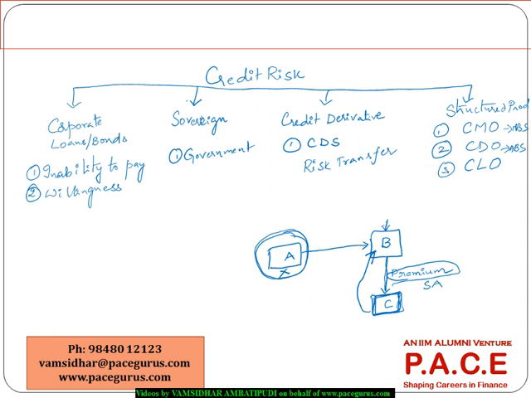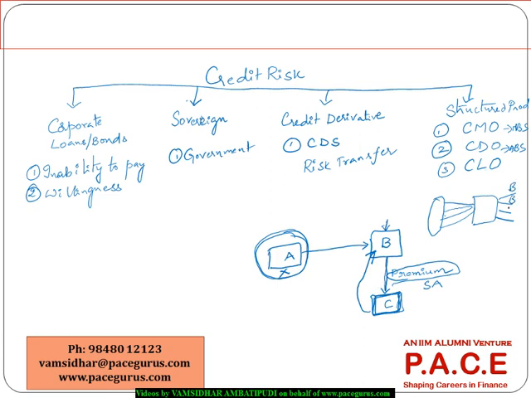So, what are these structured products? It's a pool of mortgages, a pool of loans, a pool of bonds. They are packaged together and sold to a third party, against which this third party is issuing bonds in the secondary market.